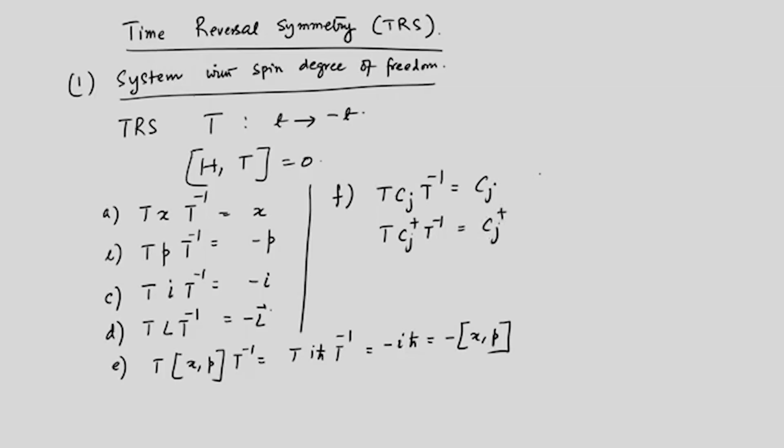But if you write it in the K space, that is the wave vector space, then T c_k T inverse is equal to c of minus k. And similarly for the others: F, G, H and so on. So, I am talking about this c in the K space.